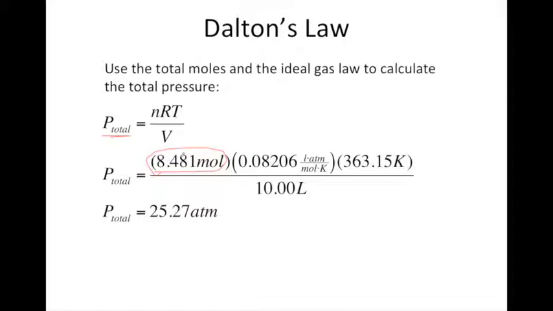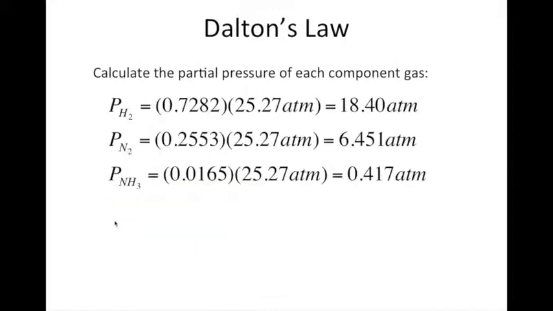So the total moles times RT, again, we must have that in Kelvin, divided by our volume gives us a total pressure of 25.27 atmospheres. Now, it's an easy matter once we get that to take our mole fraction of each gas times the total pressure, and that's going to give me my partial pressures of hydrogen, nitrogen, and ammonia.